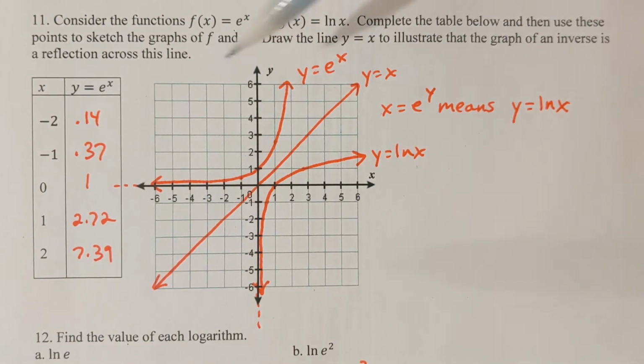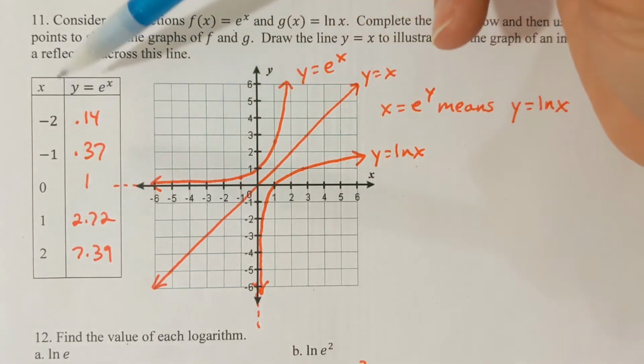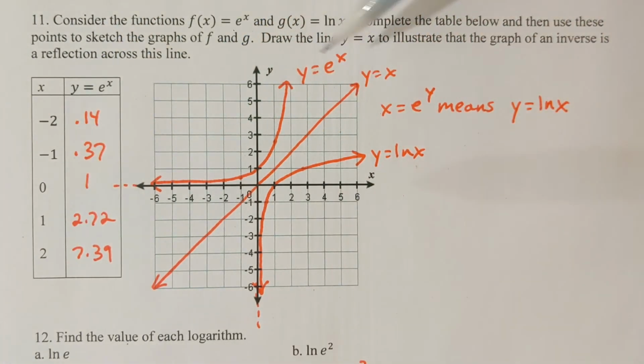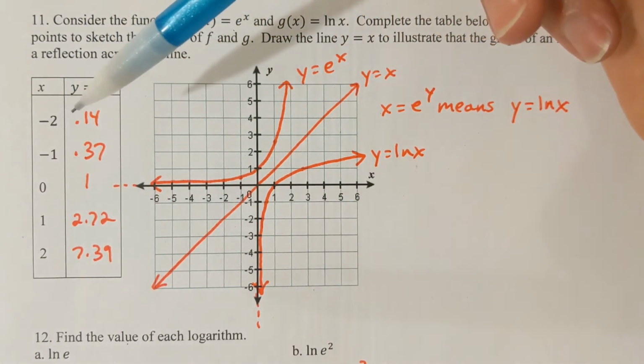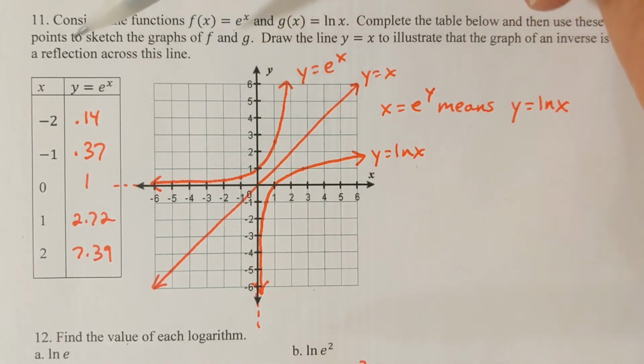Now I'm graphing y equals e to the x, as I said, which is an exponential, and the domain of any exponential is all real numbers. So I can let x be anything I want here in this table. I'm just using the same numbers we used previously in the last section.